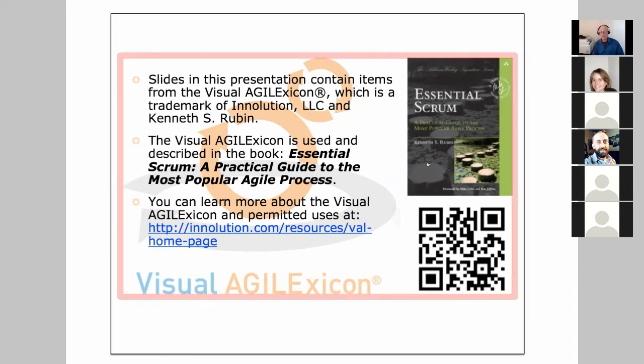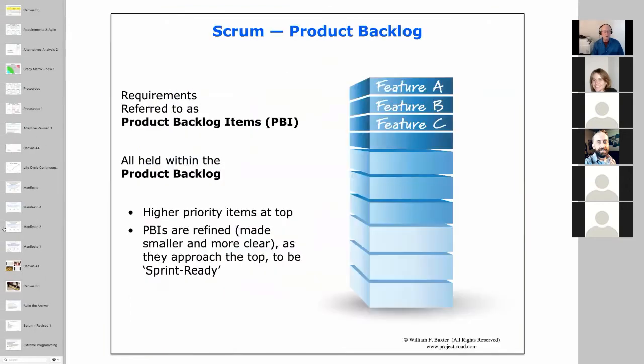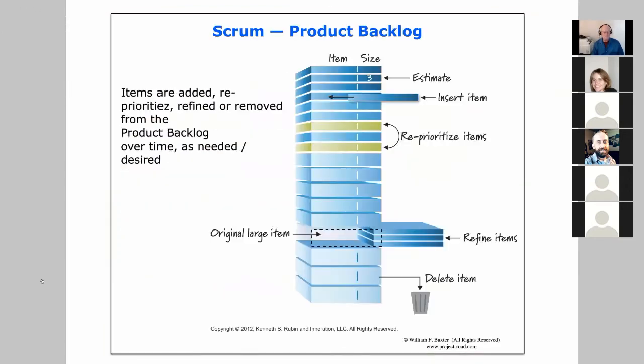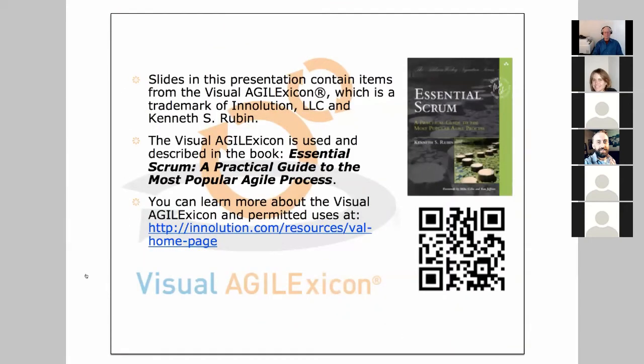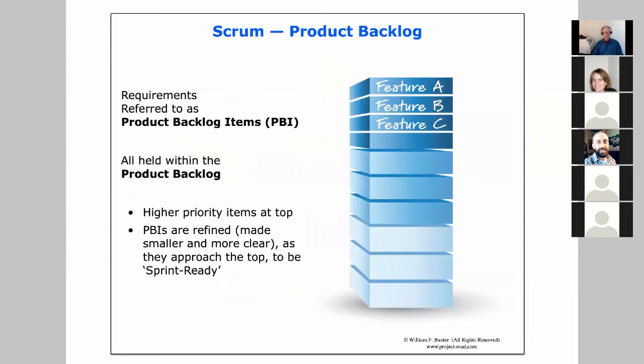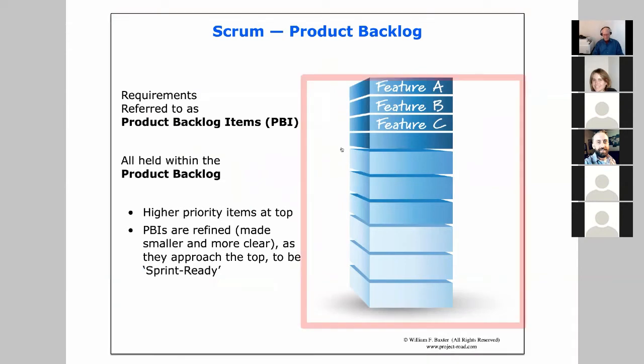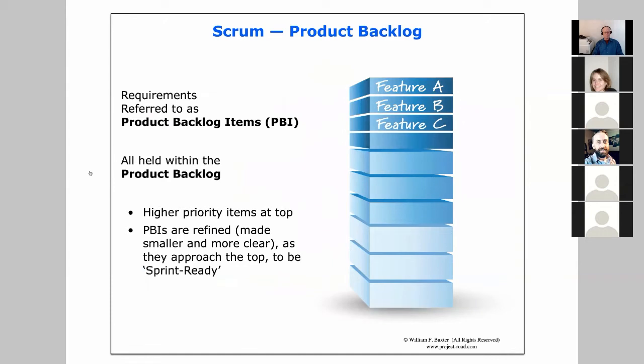The author's name is Kenneth S. Rubin, R-U-B-I-N, I'm not sure. I picked up this book when I went through your class last time. I haven't admittedly looked through it, but I picked it up when you mentioned it last time. Yeah, it's a really good book. And he had a graphic artist design all these graphics specifically for the book. And so with his permission, I'm using them in this presentation here.